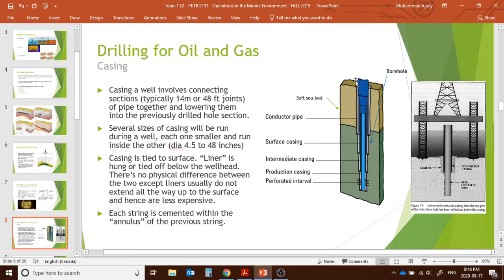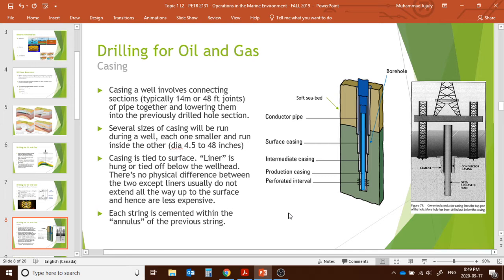Casing helps to secure our pipelines and all other materials that go inside. Casing involves connecting sections, typically 14 meter or 48 feet joints of pipe, together and lowering them into the previous drill hole section.